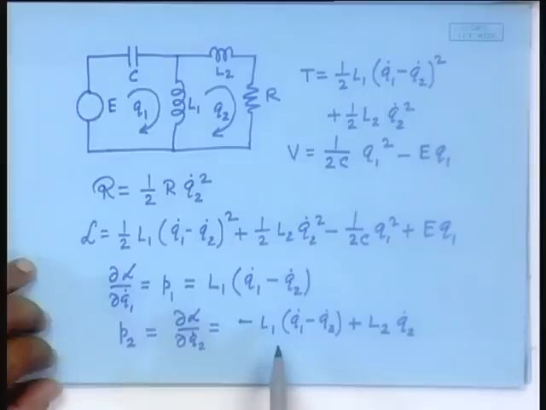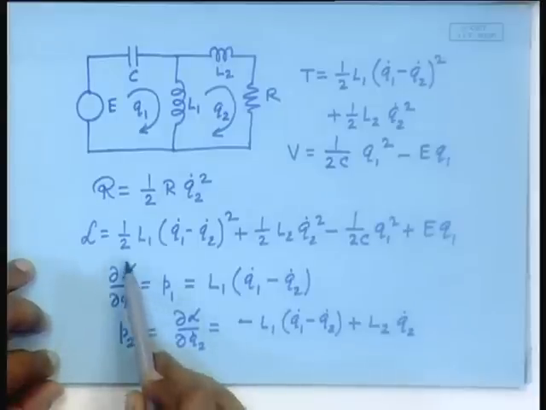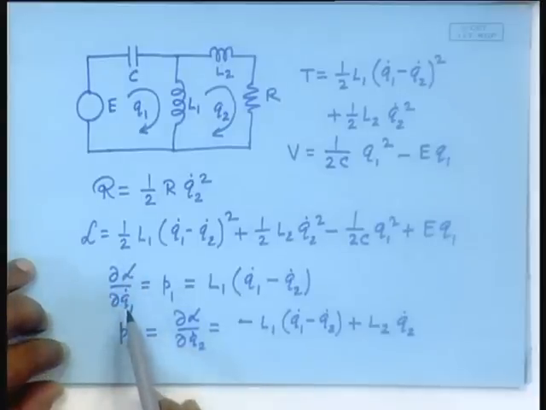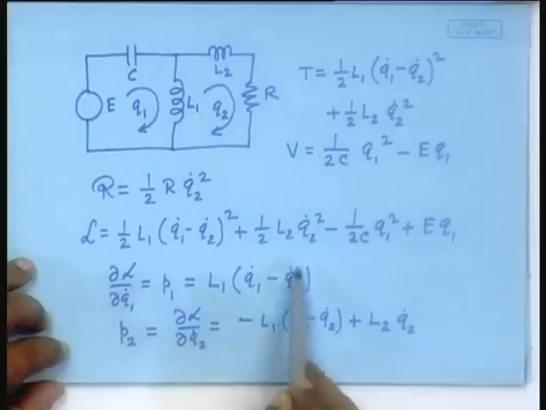Done? Fine. So, keep it in your copy. Now, notice what we have done on this sheet. Here we are writing that the derivative of the Lagrangian with respect to q1 dot is p1, which is nothing but this, you have already definitely done it.